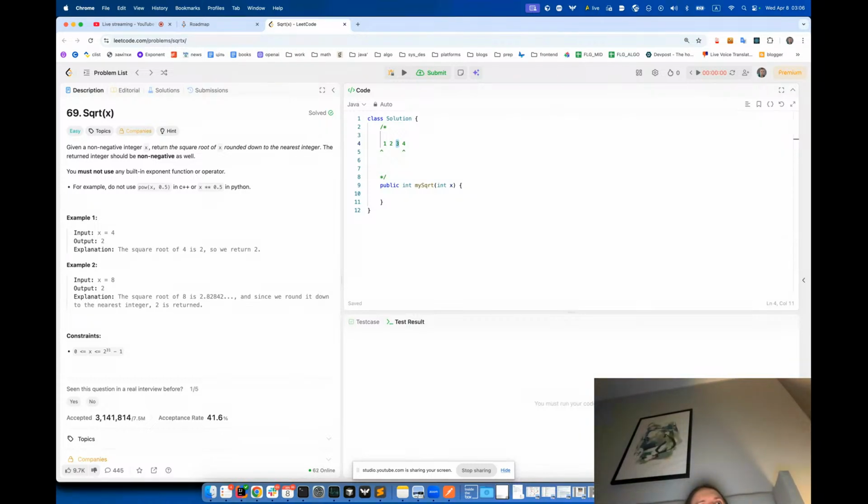So 8 would be between 2 and 3, right? So we always need to return here.